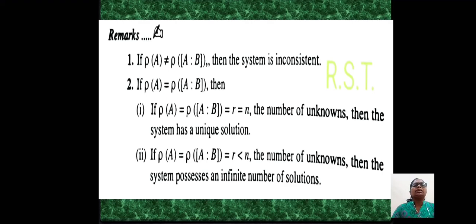Second condition is, if rank of A equal to rank of AB equal to r less than n, the number of unknowns, then the system possesses an infinite number of solutions. That means if the rank of the given matrix equal to the rank of the augmented matrix equal to r is less than the number of unknowns, then the system will possess an infinite number of solutions.